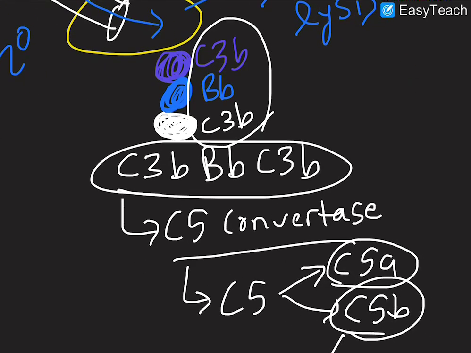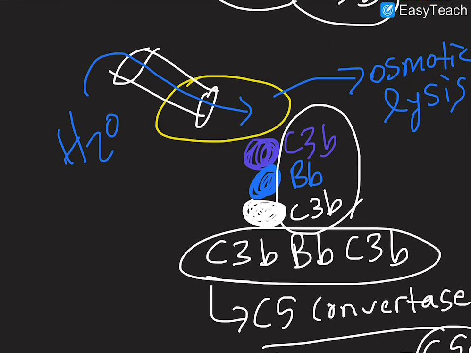So that's the alternative pathway. But what we should talk about is this: if this alternative pathway is occurring, what makes it so that this doesn't occur on our own cells? When we talked about the fluid phase C3 convertase, we said that's going to help produce C3b. Then C3b will go and bind onto the cell surface of the pathogen.